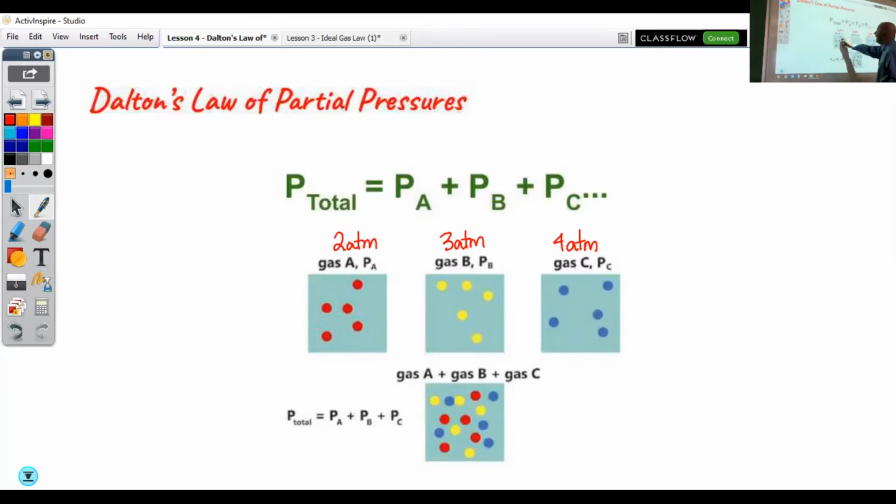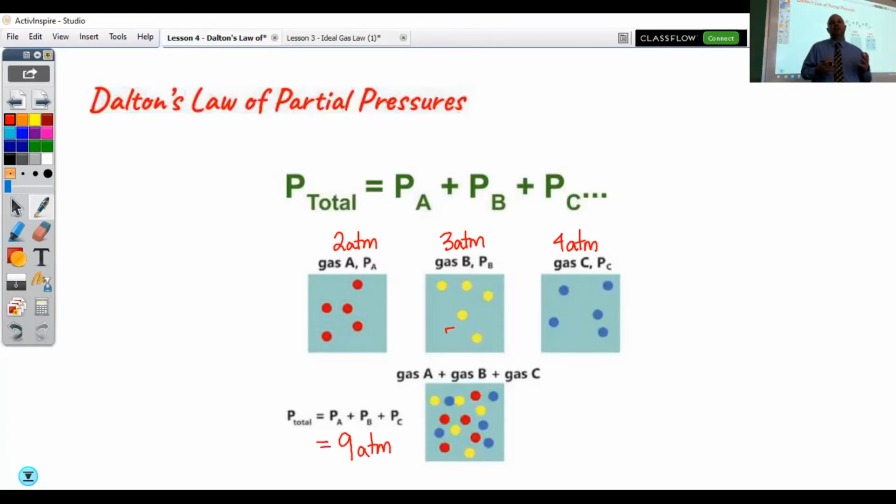So the 2 from gas A plus the 3 from gas B plus the 4 from gas C. In this case, we would wind up with a total pressure of 9 atm. Dalton's law is really that simple.